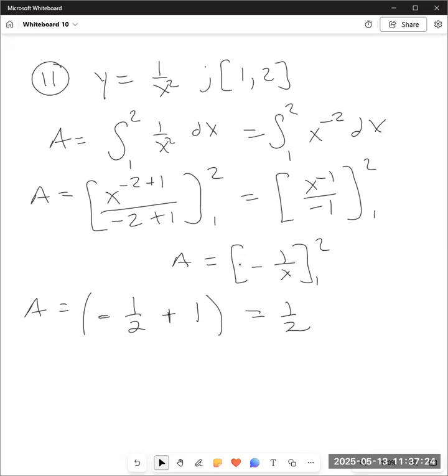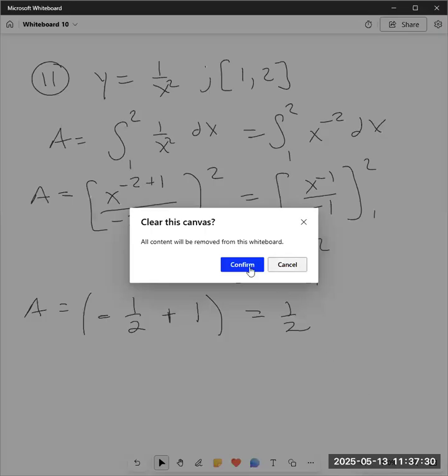Let's look now at number 13. Again, I can't solve for the x-intercepts because this curve actually doesn't have any x-intercepts. So 13, y equals 3e to the negative x over 2.